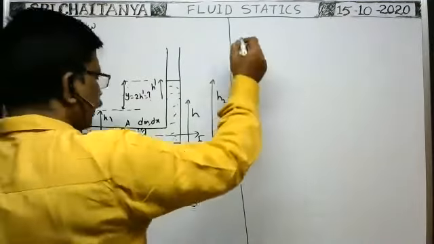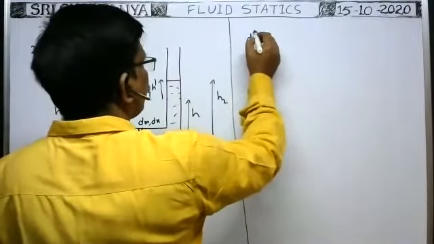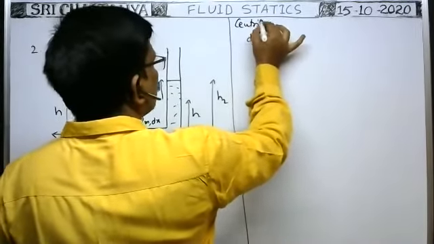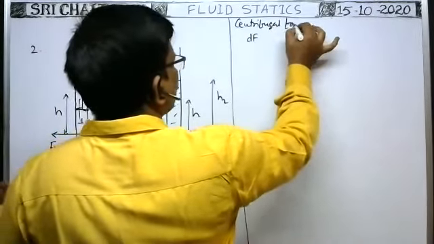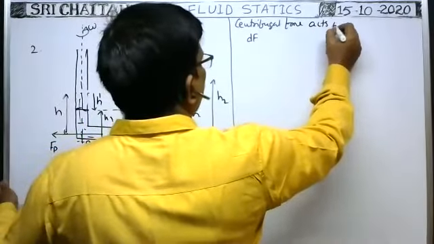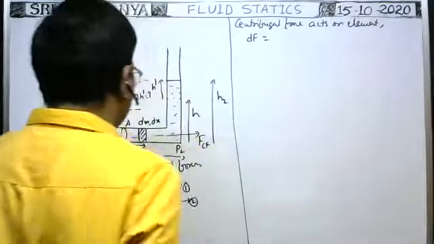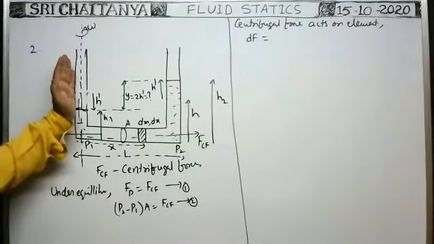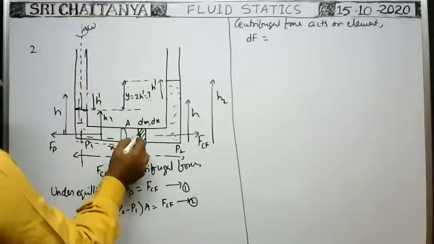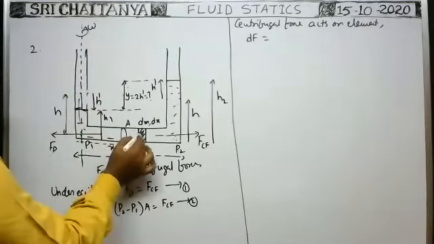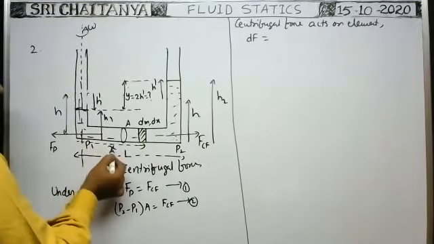Then what is the centrifugal force acting on the element? Centrifugal force acting on the element, dF, is equal to, whenever the U-shaped tube is rotating about this axis, this element which is at a distance x from the axis of rotation rotates along a circular path of radius x.